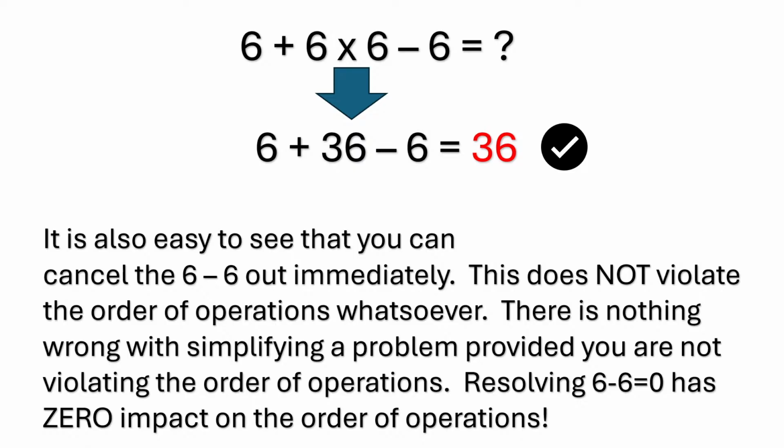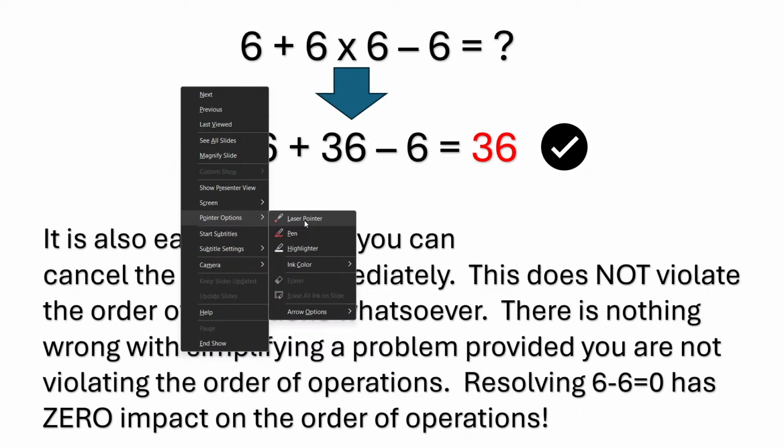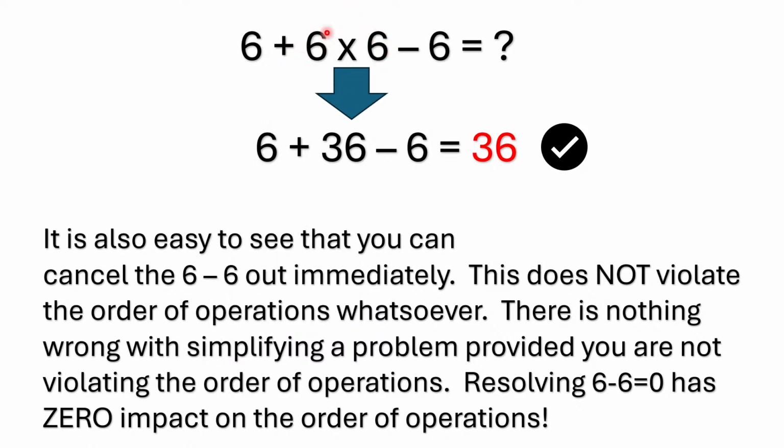Resolving that 6 minus 6 first, even in your head, has zero impact on the order of operations because you know as you're doing this problem that this 6 plus times 6 has to be maintained. And really it doesn't matter what's happening elsewhere here. You can subtract 6 from 6 and then do this multiplication and you still get the same answer.